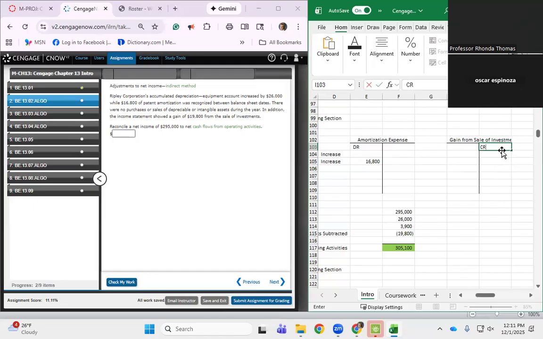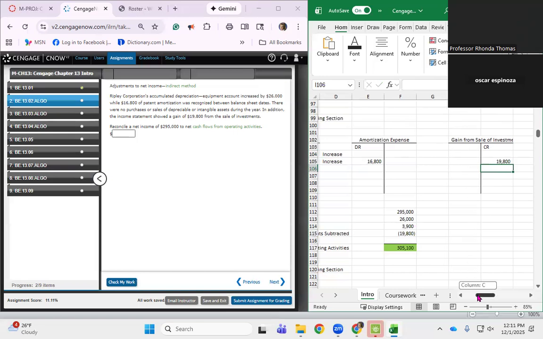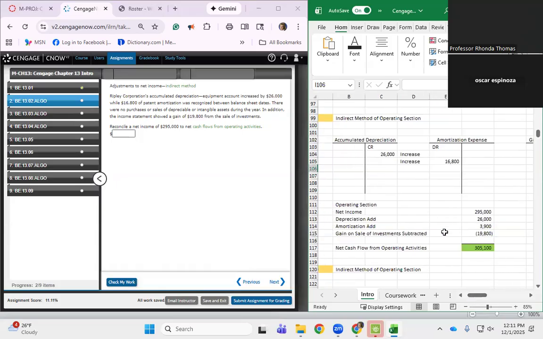So if this was sitting on the income statement or in the account, that gain is $19,800. We would actually go look that up. Do we have anything in a gain account? Oh, yeah, we do. Then what do we do with it? Gains get subtracted when it comes to the indirect method of the operating section of the cash flow statement.